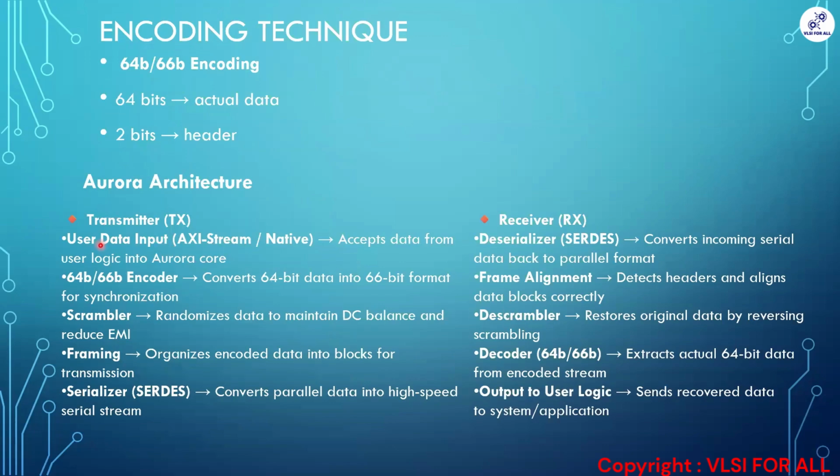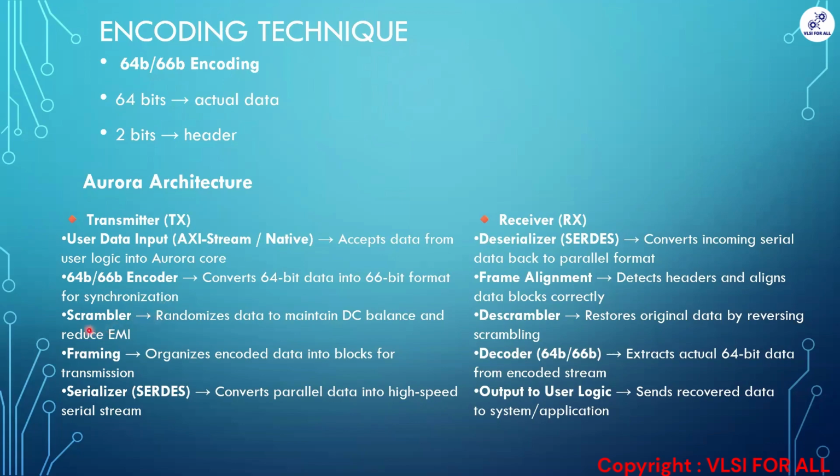User data input accepts the data from user logic into the Aurora core. Once the data comes into the Aurora core, the 64B/66B encoder converts that 64-bit data into 66-bit format for synchronization. Basically, this encoding technique is used for synchronization.